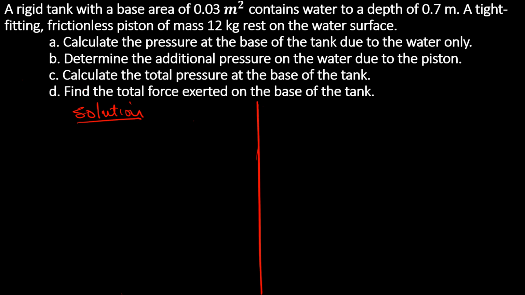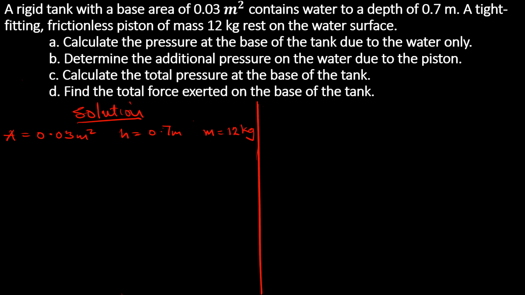The base area of the tank, which is A, was given to be 0.03 square meters. And the depth, that is H, is 0.7 meters. And the mass of the piston, which is M, is 12 kilograms.